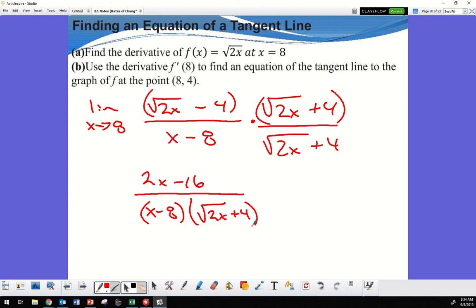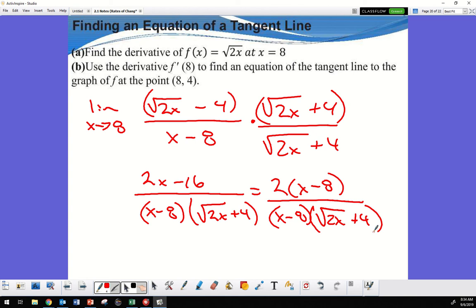So I can factor out a 2 again, and I'm left with x minus 8 over x minus 8, and I have the square root of 2x plus 4. And those things go away.